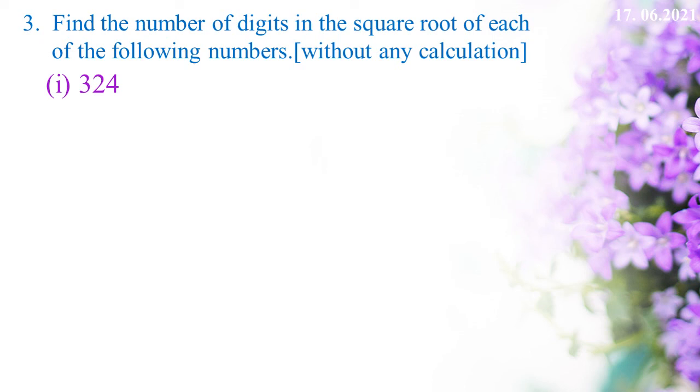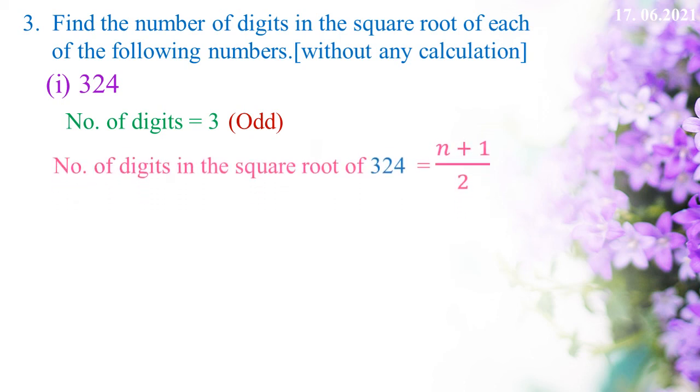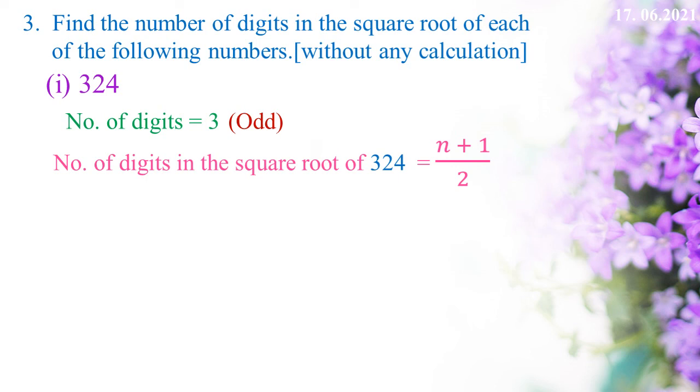324. Now, without any calculation, we are going to find how many digits are in the square root of 324. Number of digits in 324 is 3. 3 is an odd number. If the number of digits in the perfect square is odd, the number of digits in the square root will be n plus 1 by 2.